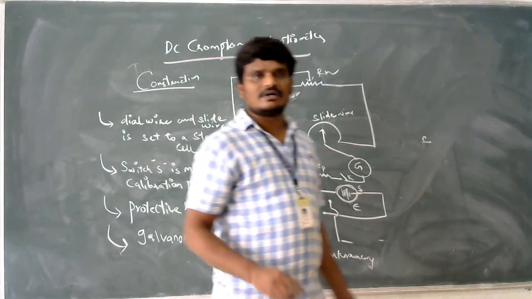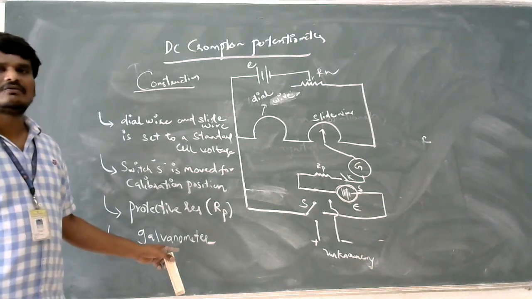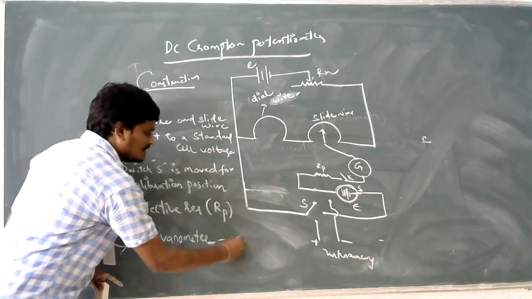After a certain period of time, the galvanometer will show the null deflection value.